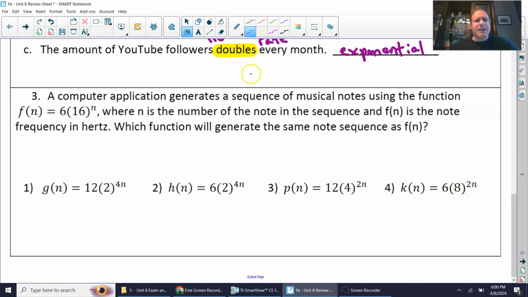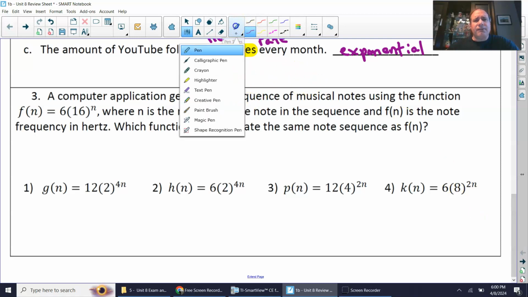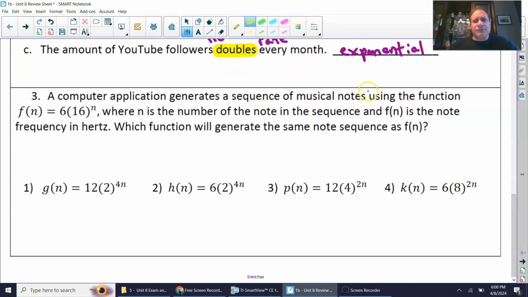A computer application generates a sequence of musical notes using the function, and I'm going to highlight that function, where n is the number of the note in the sequence, and f of n is the note frequency in hertz. Which function will generate the same note as function f of n?